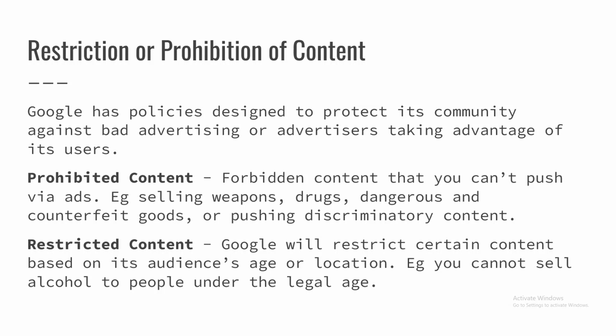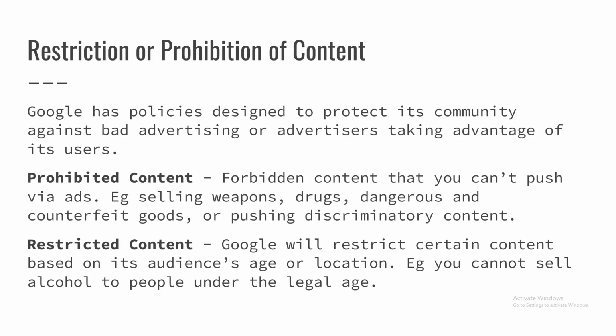So the number two aspect is about the content you're trying to push, whether Google restricts or prohibits that kind of content. There's certain content that Google makes a deliberate attempt to forbid people to sell via their platform.